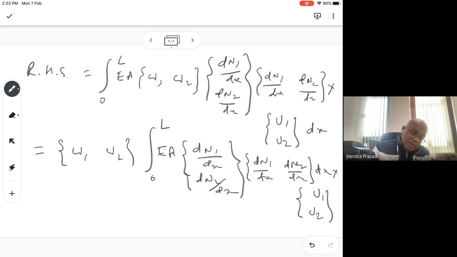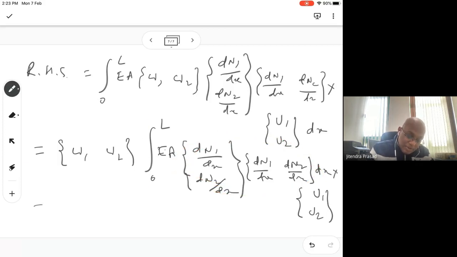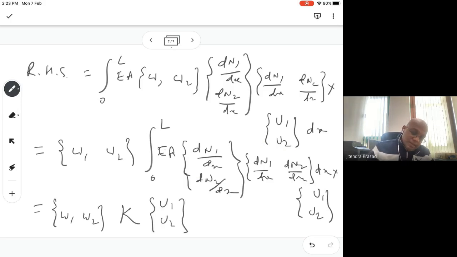Let's call this whole thing the K matrix. So this becomes w1 w2, the K matrix, and then u1 u2. So this whole thing is K.